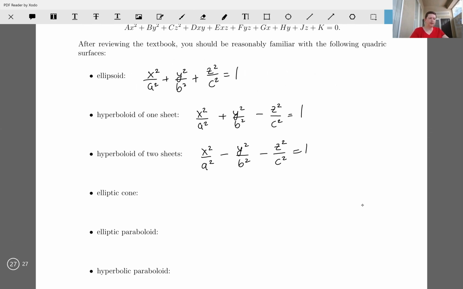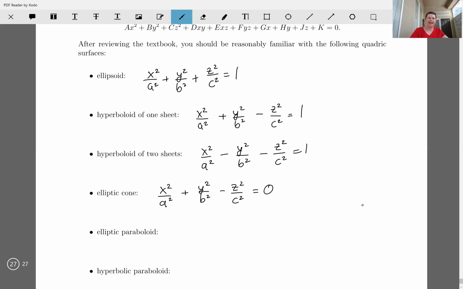An elliptic cone is x squared over a squared plus y squared over b squared minus z squared over c squared, and I'll bet you're thinking she's made a mistake, but it equals 0. So an elliptic cone is kind of a misnomer. What it looks like is two cones joined at their tip, the point.